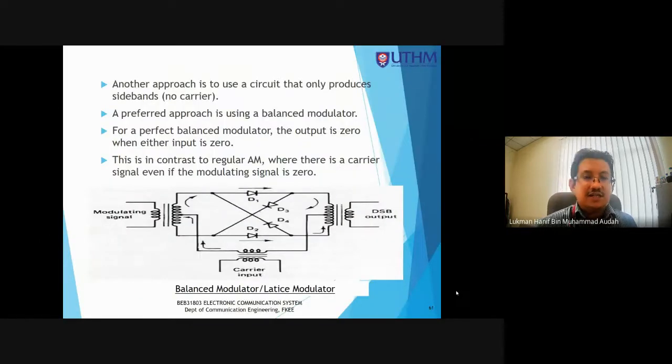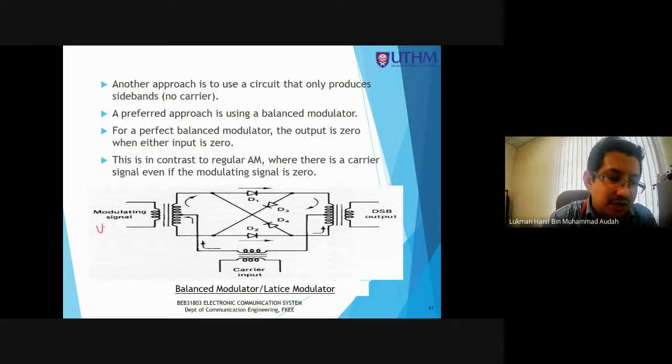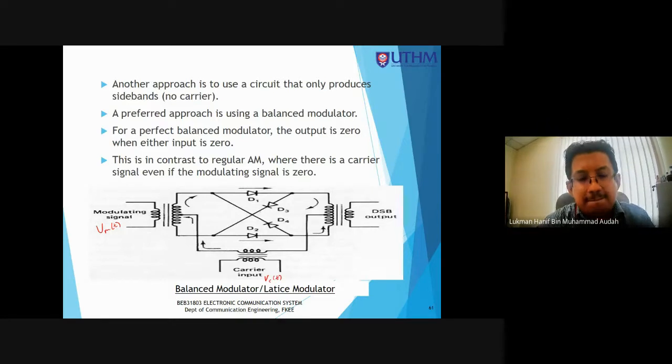Perhatikan di sini VMT, dan VCT di sini. Dan kita perlu lihat polarity, contoh di sini. Okay, sebelum itu sekejap.